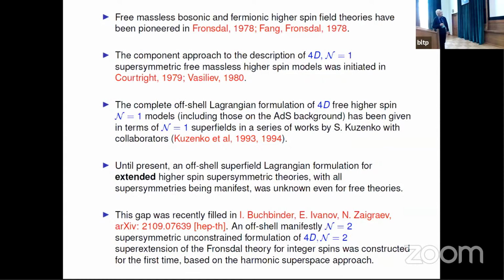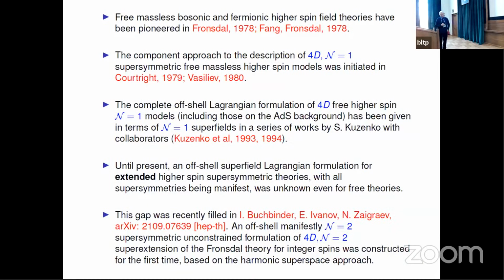Actually, then the complete Lagrangian formulation of free high-spin N=1 models in 4 dimensions, also including the generalization to AdS background, was given in a series of works by Sergei Kuzenko with collaborators in the beginning of the 90s of the past century.